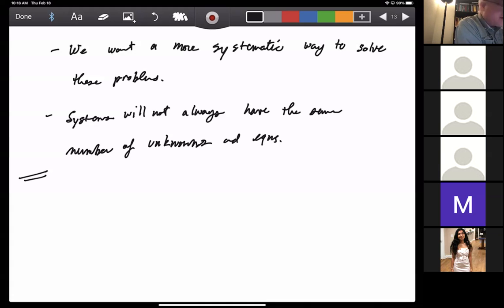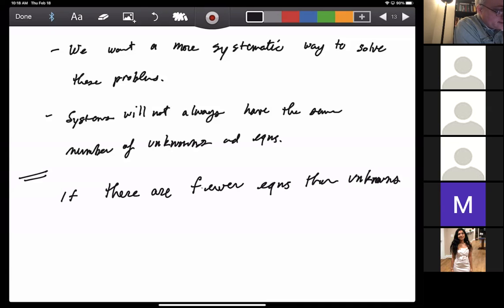All right, before going ahead with that, just a note. If there are fewer equations than unknowns, then we say the system is underdetermined.